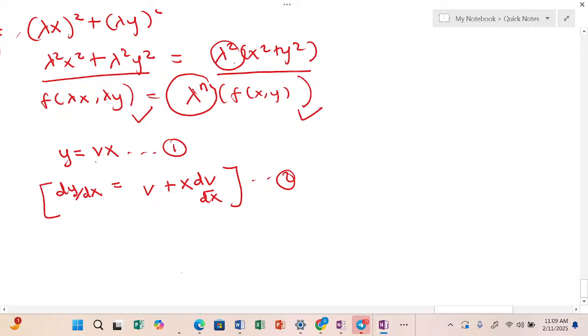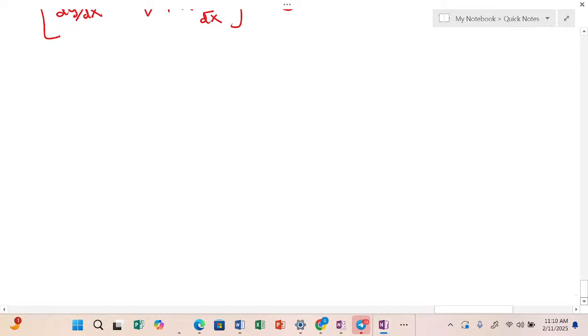So we take an example. Solve dy/dx is equal to x squared plus y squared all over 2xy.